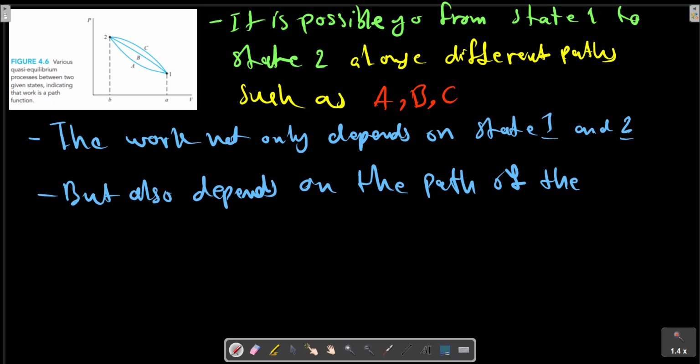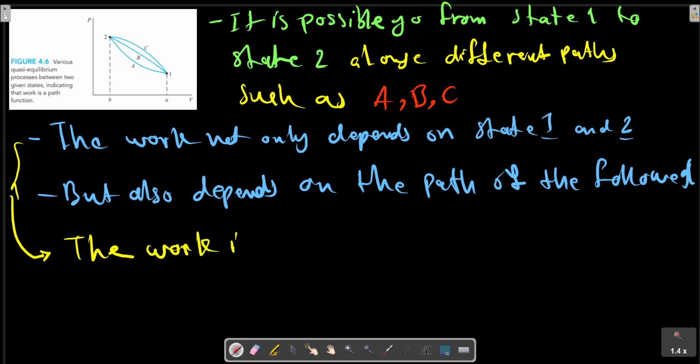The path followed in going from one state to another. For this reason, work is called a path function. So the work is a path function.